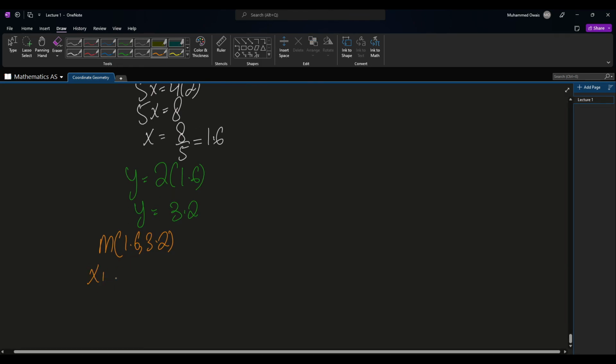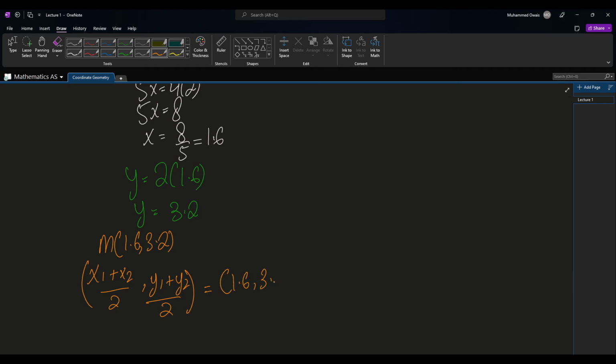We already know that (x1 plus x2 over 2, y1 plus y2 over 2) is the formula of midpoint. Now I already know that this will be equal to (1.6, 3.2), right? Because this is the midpoint. Basically, if you resolve this, you would have gotten this answer, right? That is why you can equate them both.